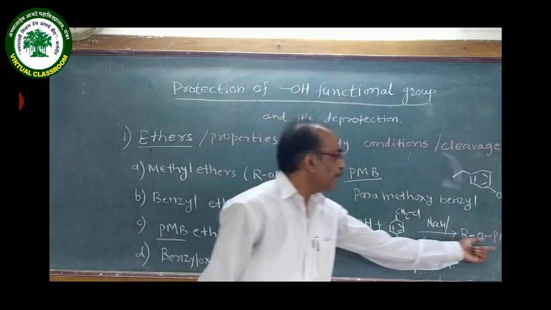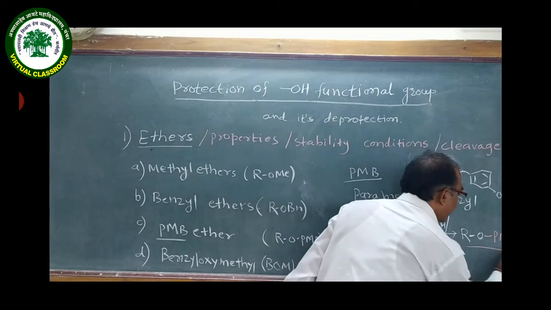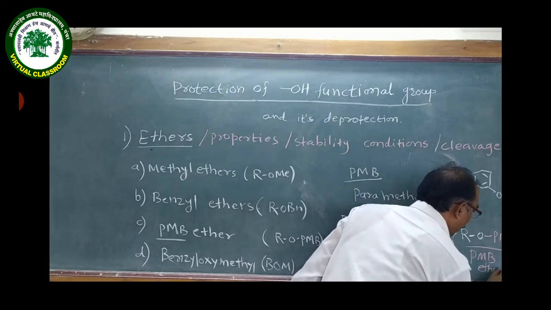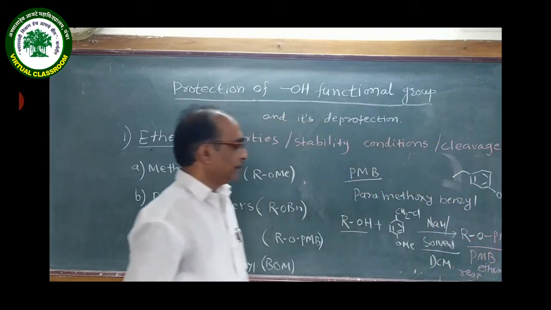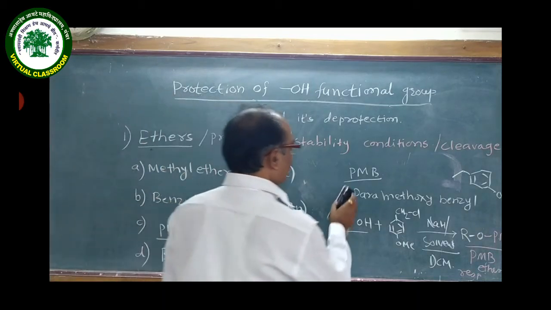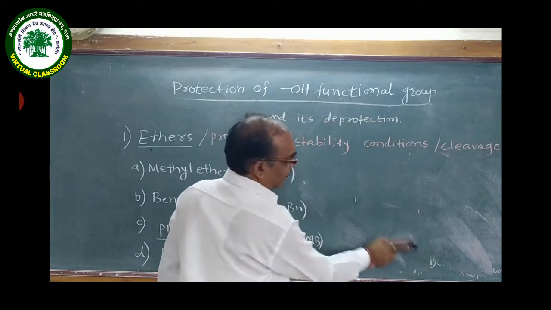So what is this PMB? PMB is a 4-methoxybenzyl group, and this is called the PMB ether, ether of the respective alcohol. Right? So this is about the protection of alcohol using PMB chloride.